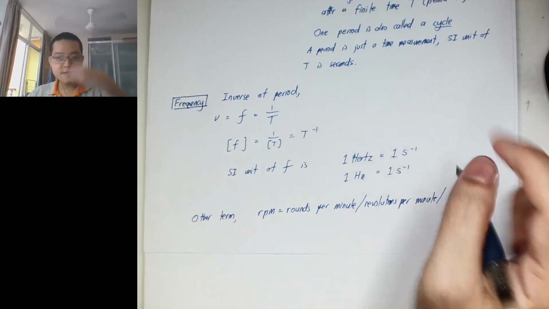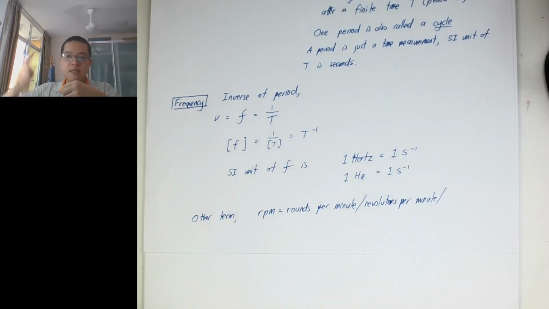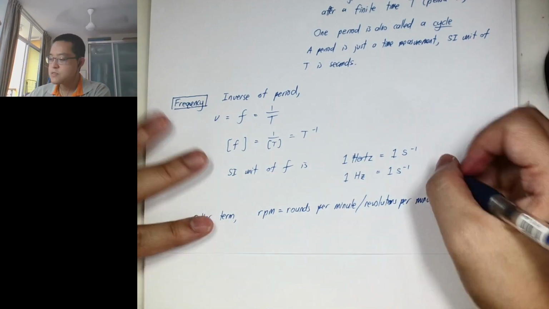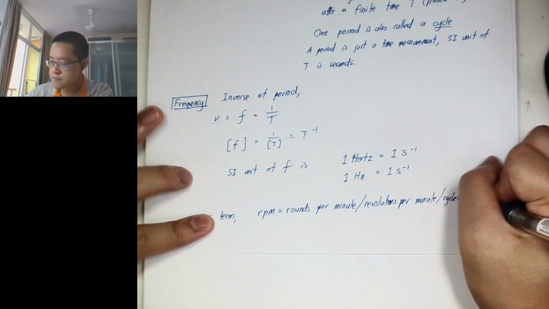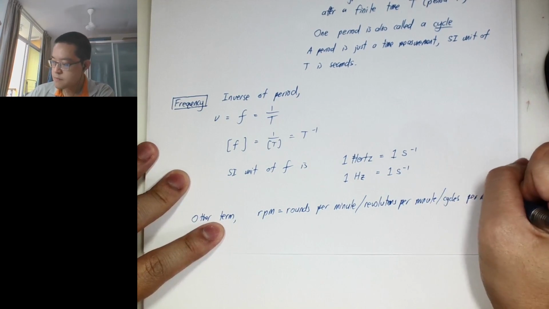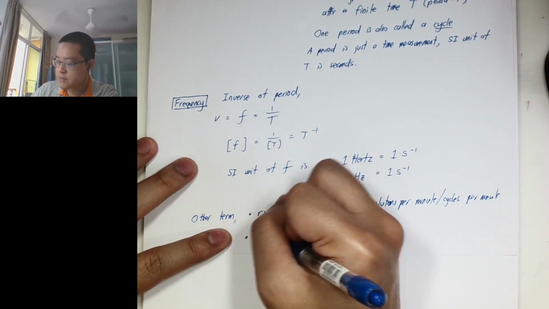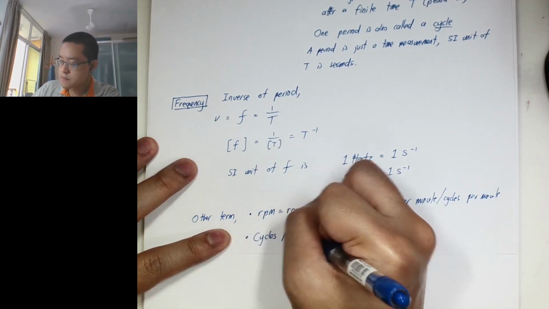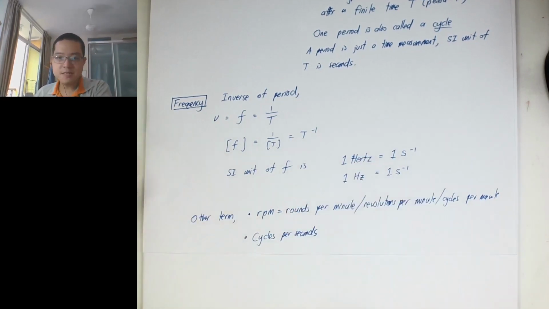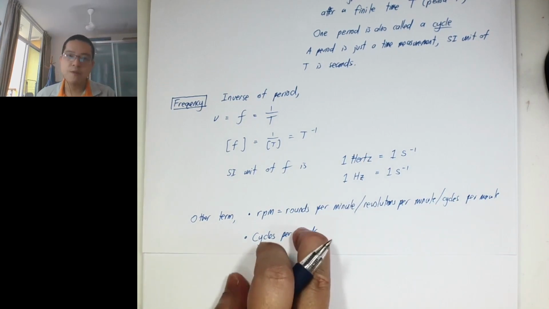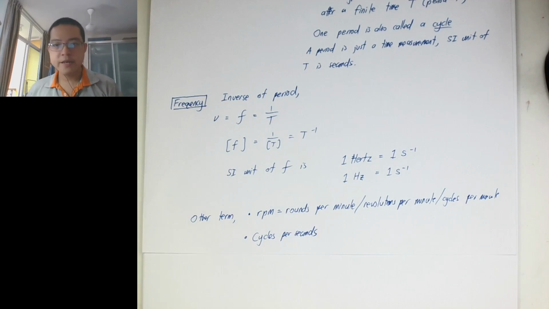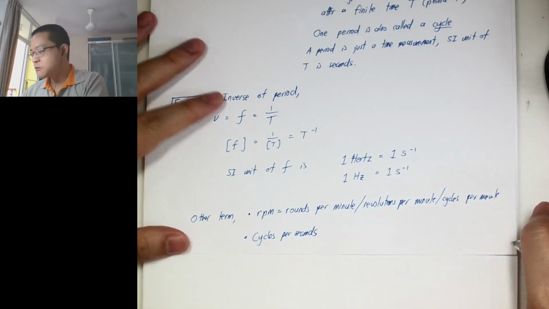A revolution is just one cycle, so how many cycles can you go within 1 minute? Or sometimes they give it as cycles per second. When you see all these words, it's easy to translate back to how many rounds you go per second. So that is the basic idea of periodic motion.